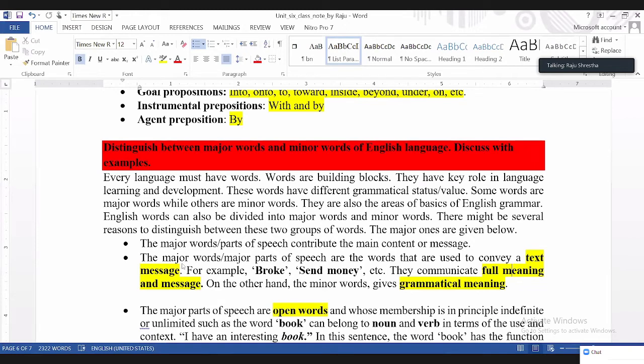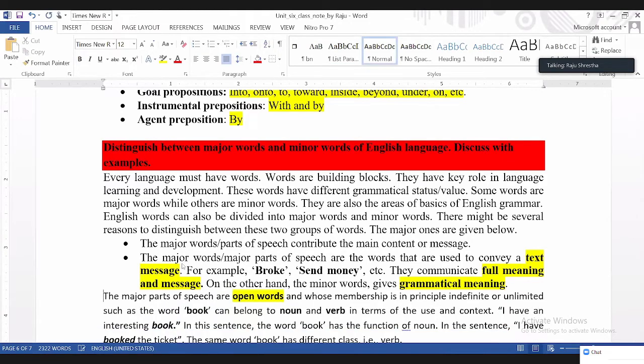So major parts of speech are words that are used to convey the main text message, bear the main semantic part. Then minor words provide grammatical meaning.